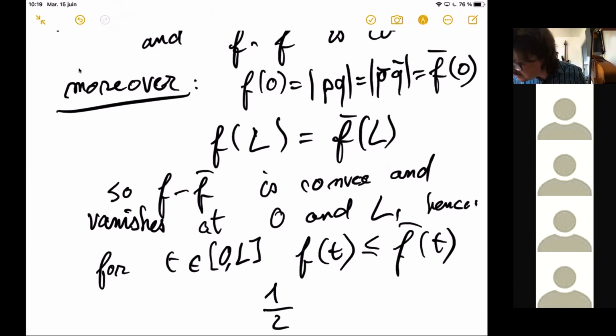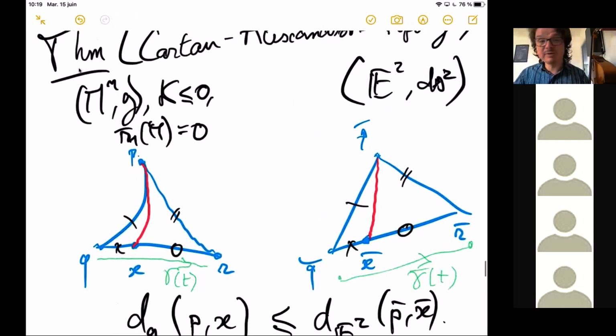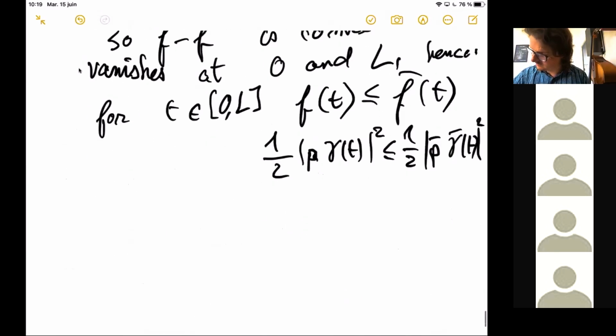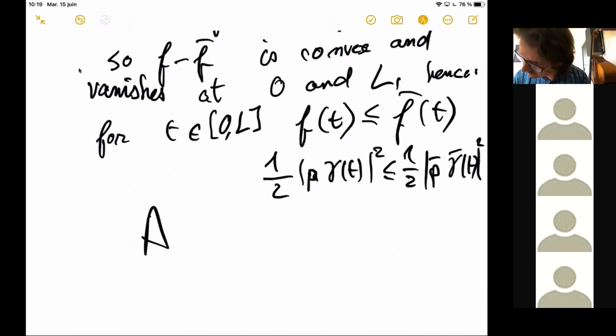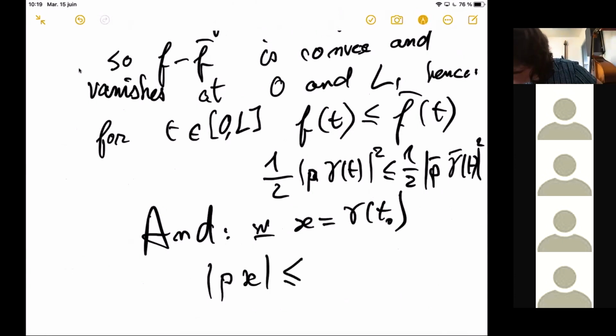So half of distance from P to gamma of T squared is less than half distance from P bar to gamma bar of T. And when T is the value of the parameter corresponding to the point X, with X equal gamma of some T, taking the square root and multiplying by 2, we get Px less than P bar X bar.